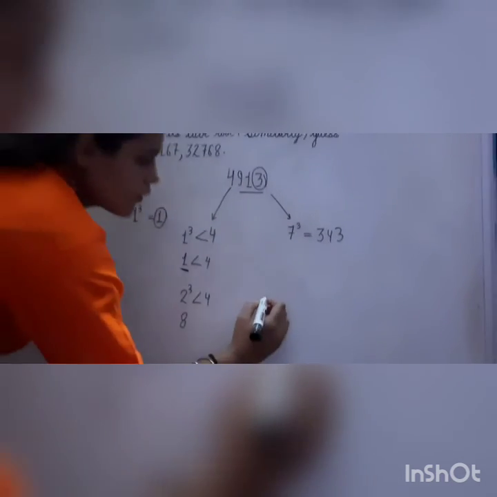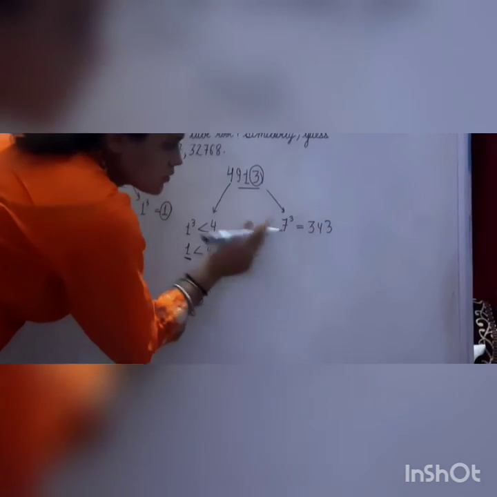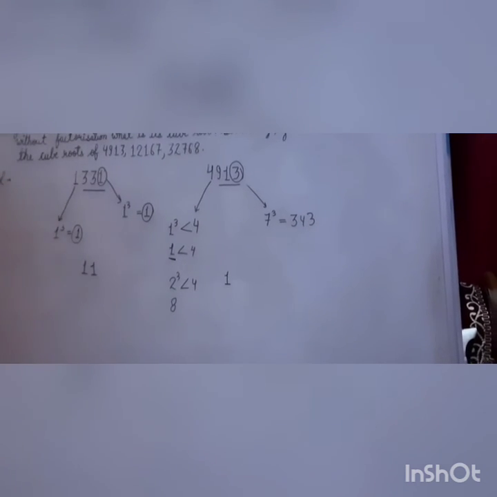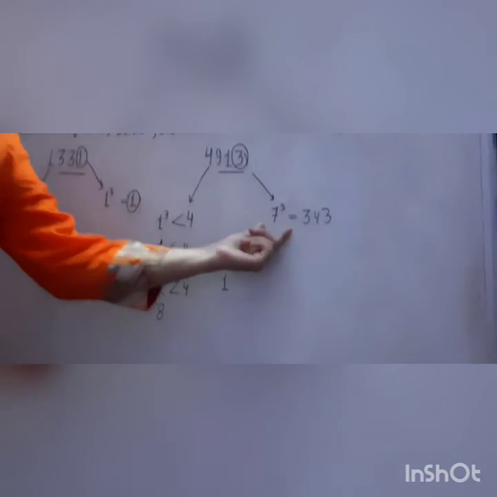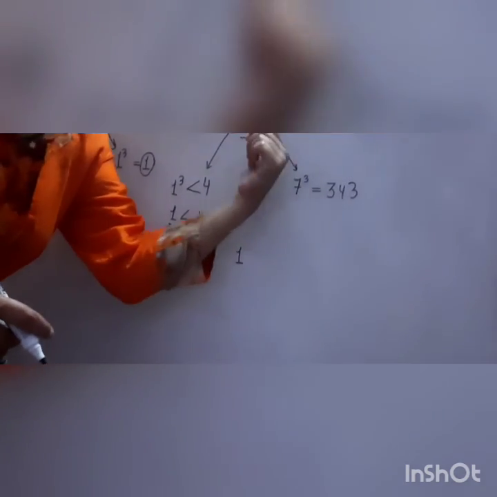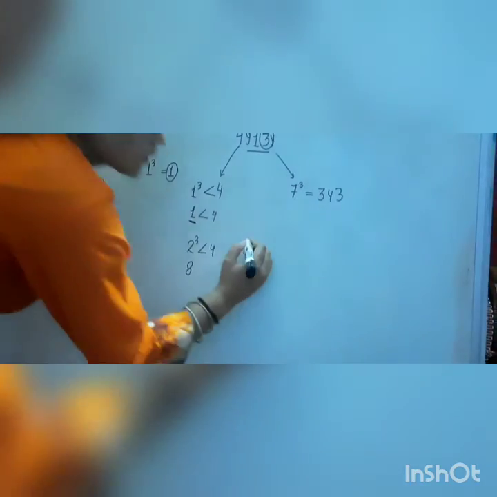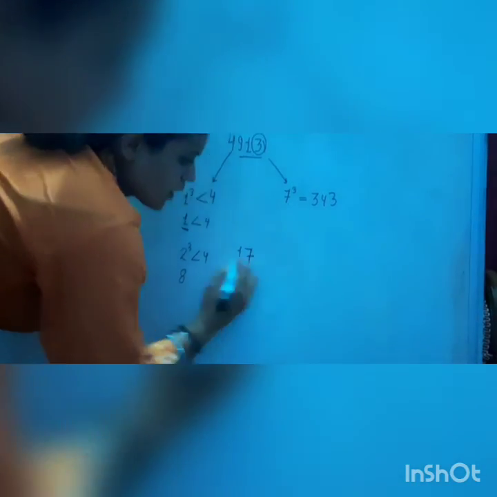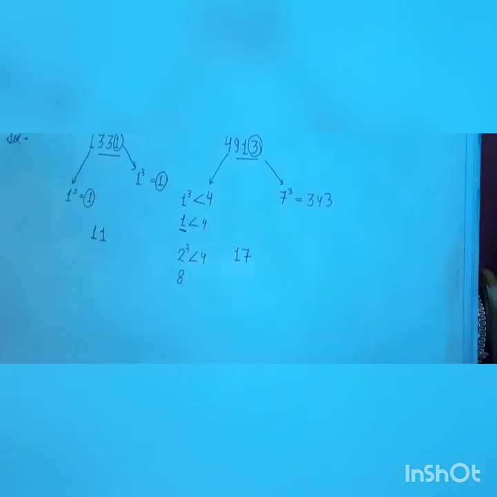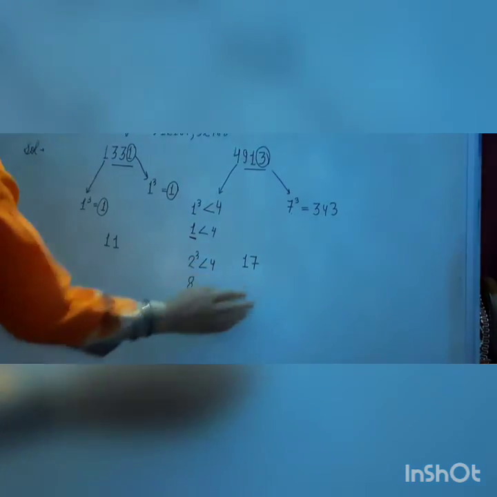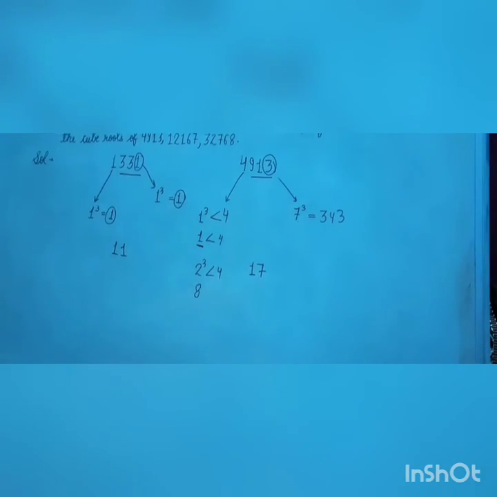Okay class, you have to take this 1 and this 7, because you know that 3 comes in the cube of 7. So you write 7. The cube root of 4913 is 17.